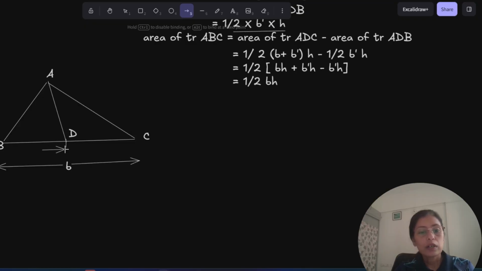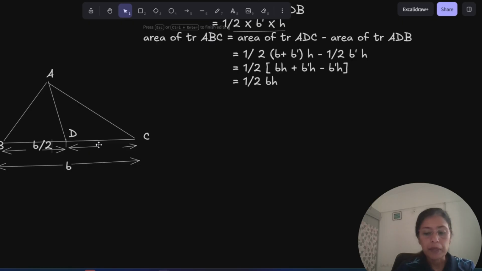So now what we can understand is this length is half of B, and similarly this length is half of B. So this becomes B by 2. This becomes B by 2. Okay. Now, first thing is median. What is a median? I said, right?